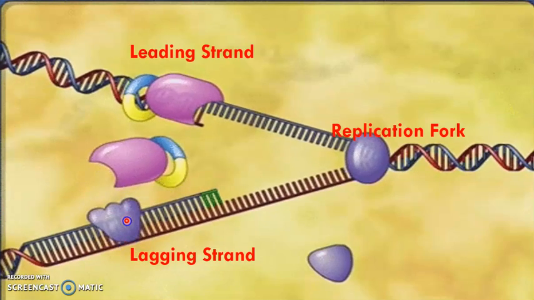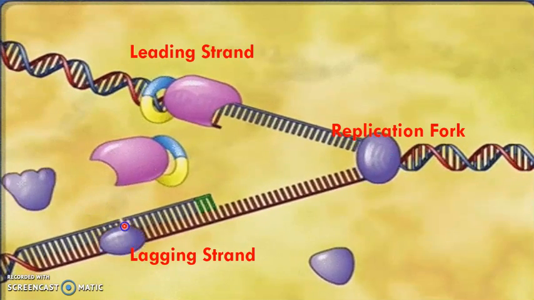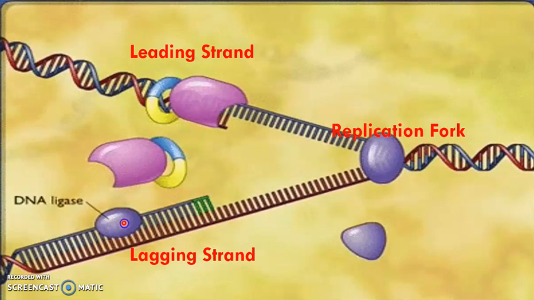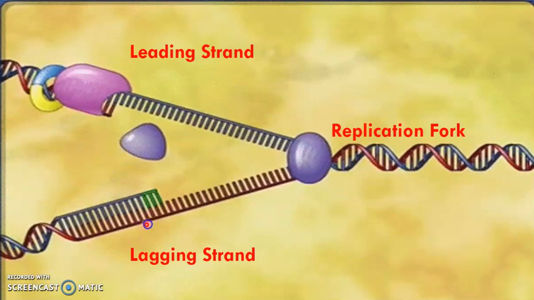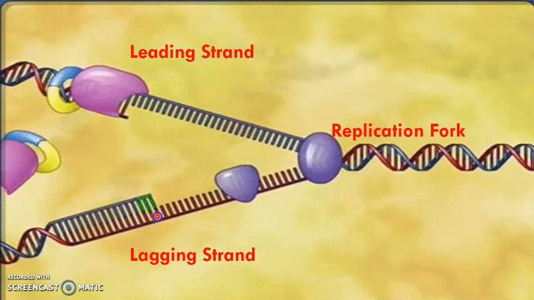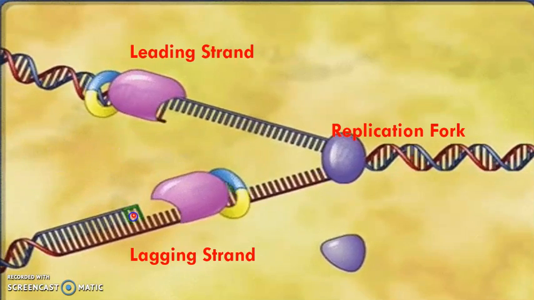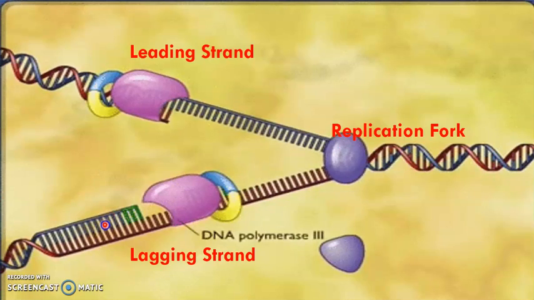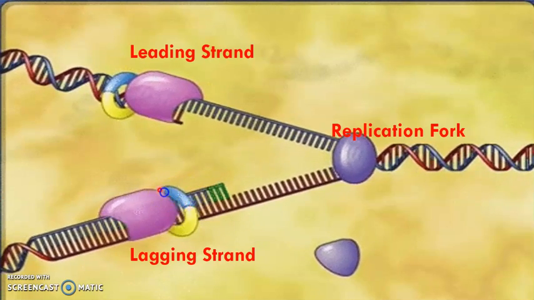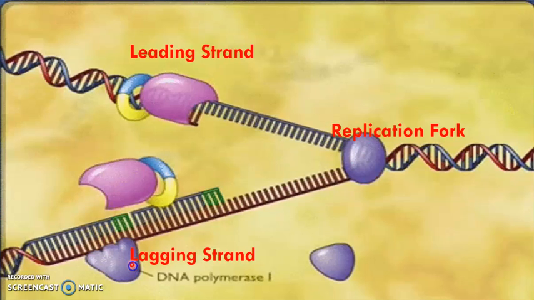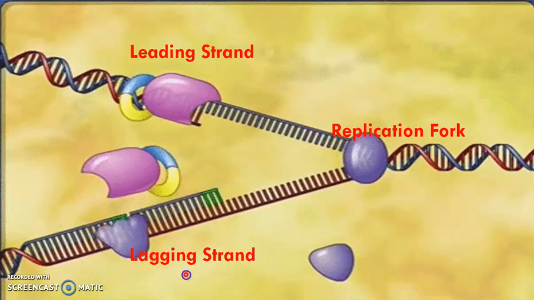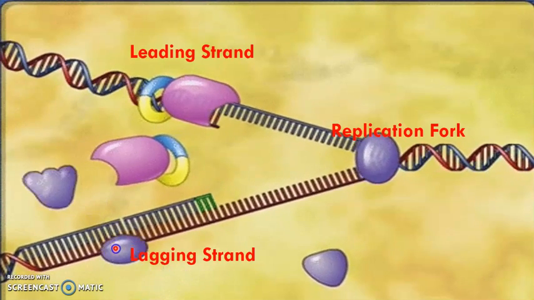Eventually, this little primer is removed, and then it's sealed by DNA ligase. So if I let it proceed through one more time, I want you to look right here. There's going to be a little missing gap once that primer is removed. And the gap between this Okazaki fragment and this Okazaki fragment, there it is, you can see the gap, is going to be sealed eventually by DNA ligase.